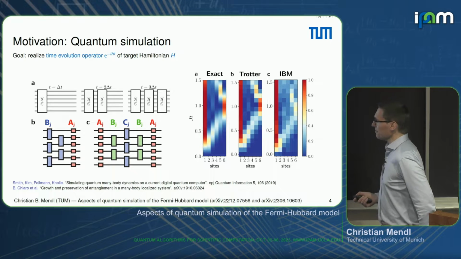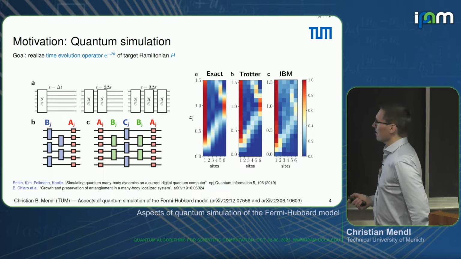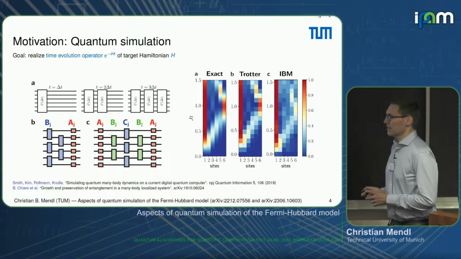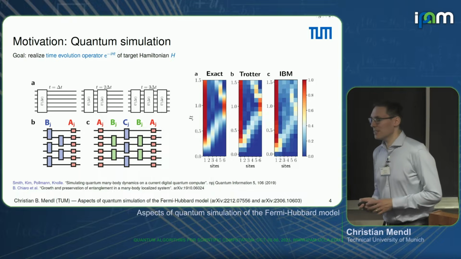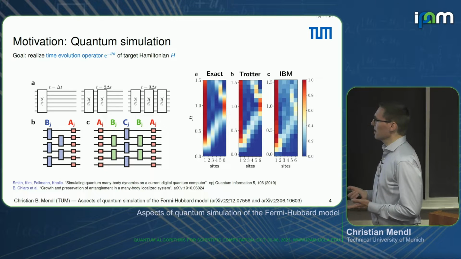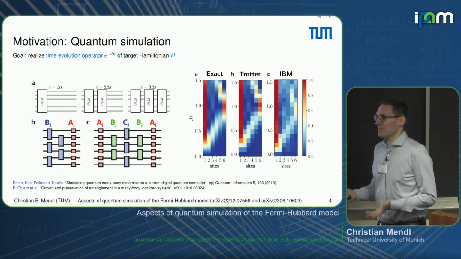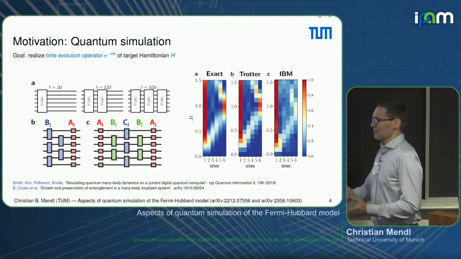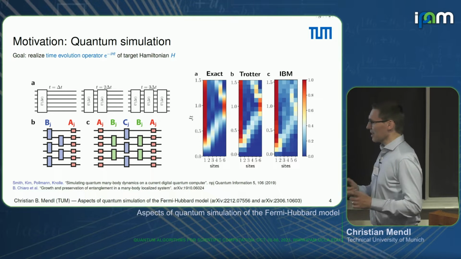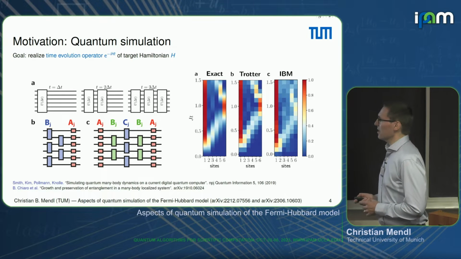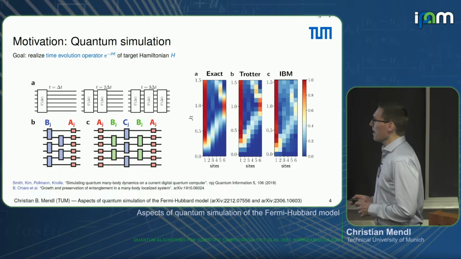And this is still the most natural way, I would say, to implement time evolution with this kind of Trotter splitting of a Hamiltonian, because you don't need any auxiliary gates. It's what quantum gates are anyway: a time evolution of some underlying quantum system. So it's really natural to do this in this way.